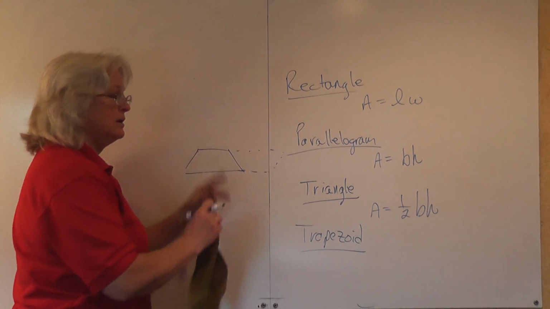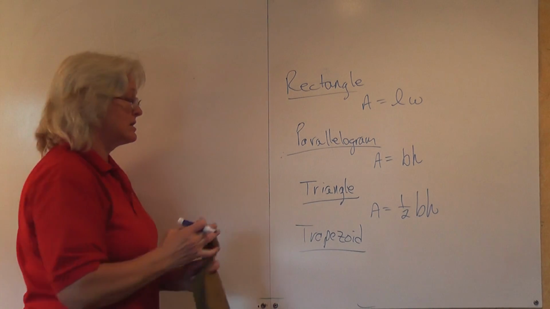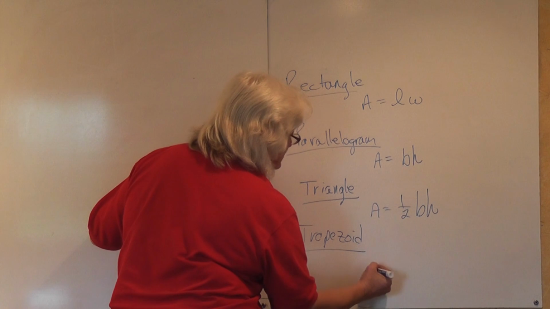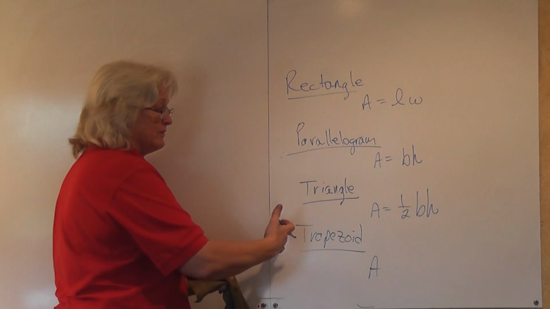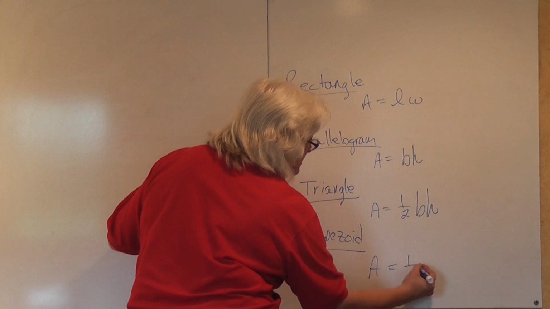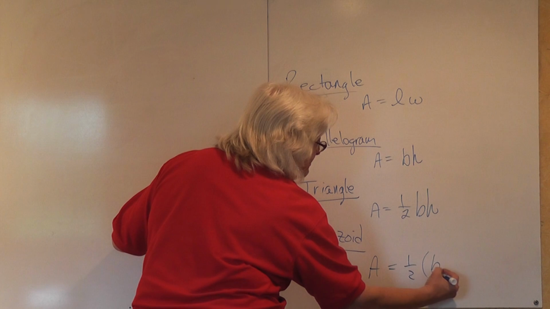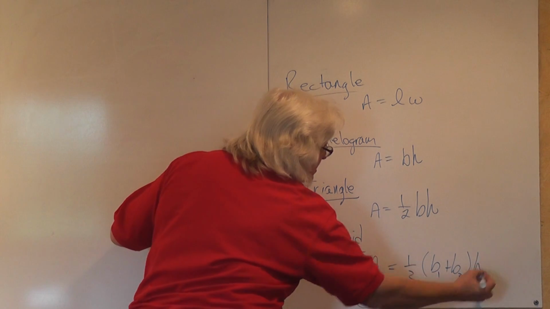Even if you don't understand where it came from, you have to memorize the formula of a trapezoid, which says that the area is 1/2 the sum of the bases times the height.